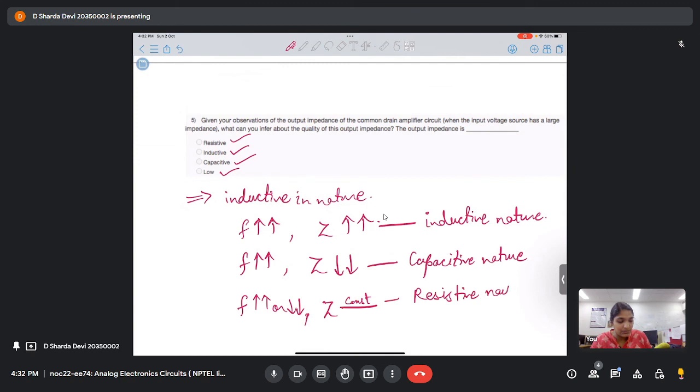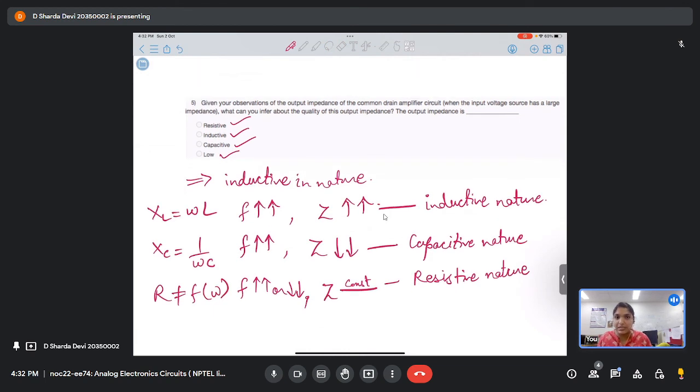Is this clear? Why am I saying this? Because XL is omega L, XC is 1 by omega C, whereas R is not a function of omega at all. So that is the basic question which was asked. Is this clear? Yes, ma'am.